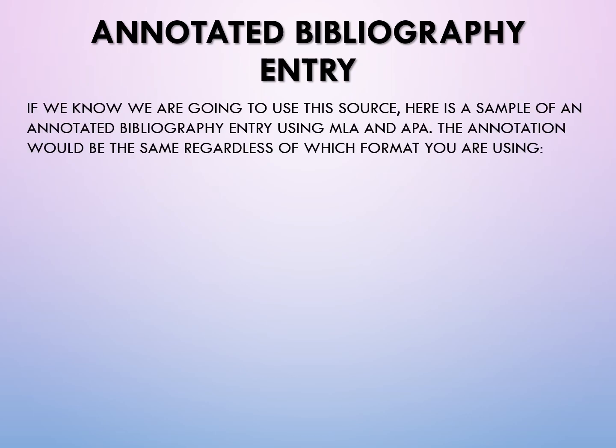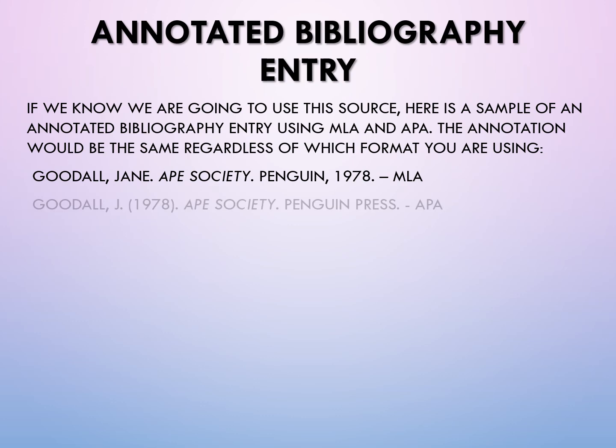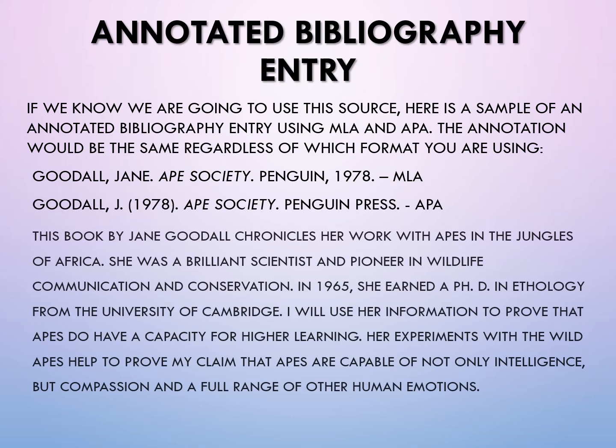If we know we are going to use this source, here is a sample of an annotated bibliography entry using MLA and APA. The annotation would be the same, regardless of which format you are using. This would be MLA, this would be APA, and then the annotation itself.